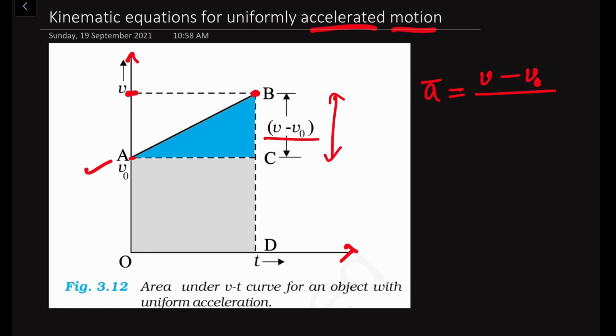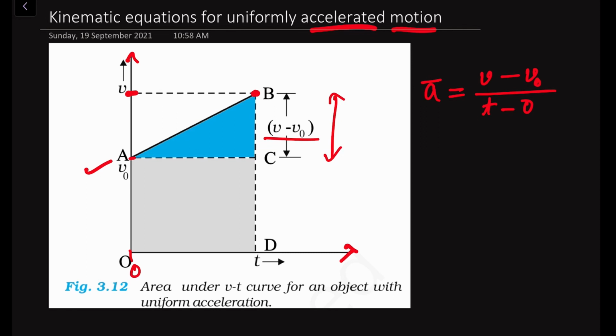If the final time is small t and the initial time is 0, then it is t minus 0. Here a bar is the acceleration, small v is the final velocity, v0 is the initial velocity, t is the final time, and the initial time we have assumed was 0.